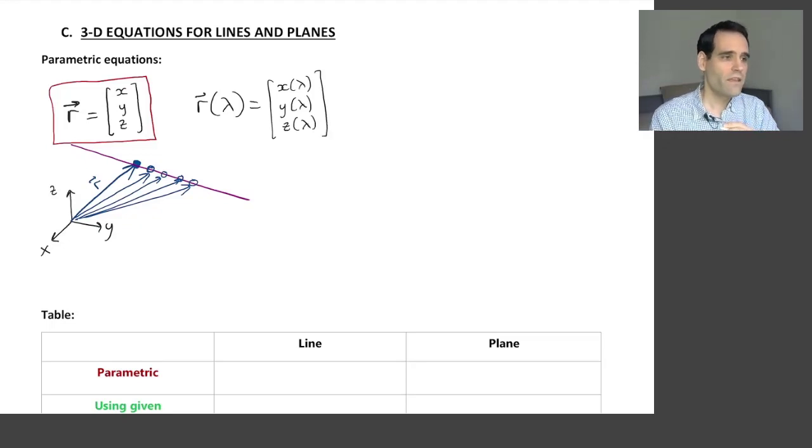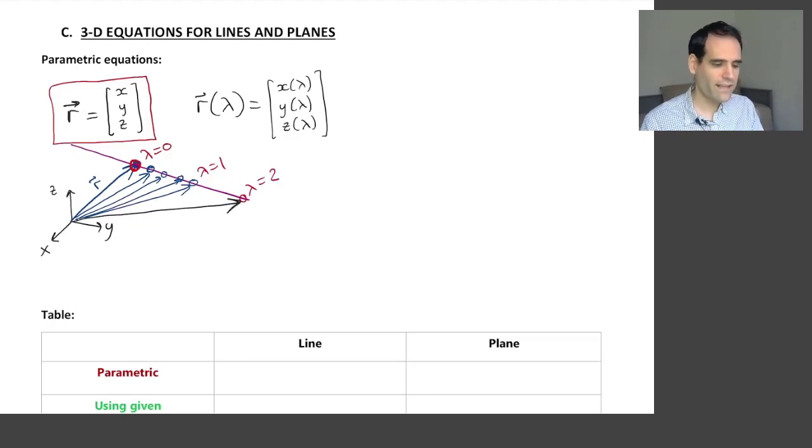For example, when lambda equals 0, you have that vector r, but when you increase lambda to 1, you are moving along the line. And when lambda equals 2, you would be here. This means that vector r has these three components, x, y, z, when lambda gets a certain value. Okay.